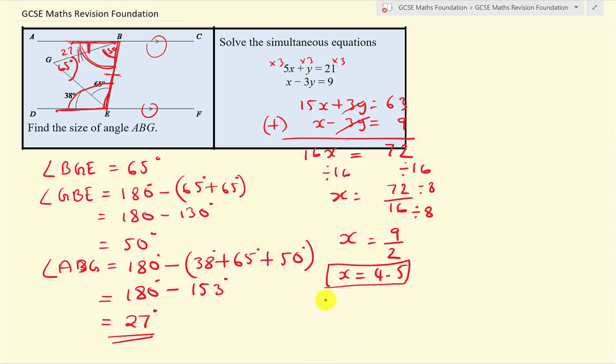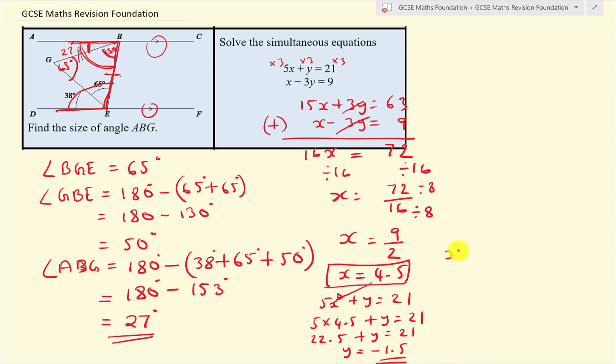So first equation is 5x plus y equals 21. Let's replace x with 4.5, so 5 times 4.5 plus y equals 21. 5 times 4.5 gives us 22.5 plus y equals 21, and subtract 22.5 from both sides, and that will give us y equals minus 1.5.